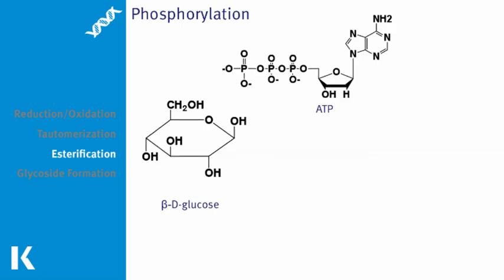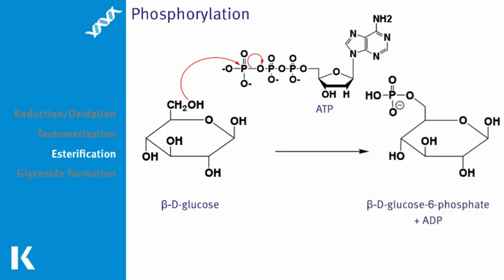Just like we saw in the previous example, our hydroxyl group is going to act like a nucleophile and is going to attack that terminal phosphate group in ATP, producing a substitution reaction at the 6 carbon. So in beta-D glucose 6-phosphate, we have now formed a glycosidic linkage between the 6 carbon and a phosphate group. More on glycosidic linkages to follow.